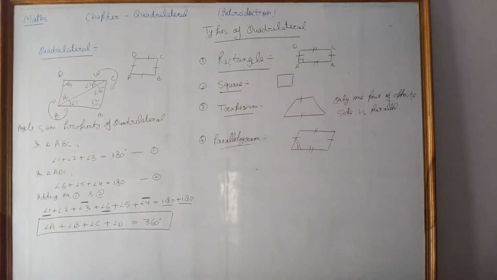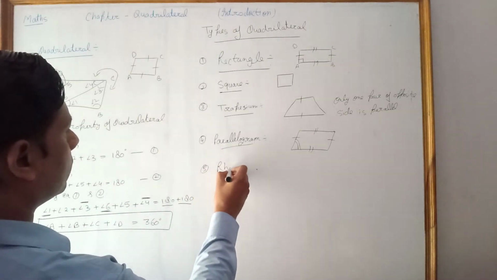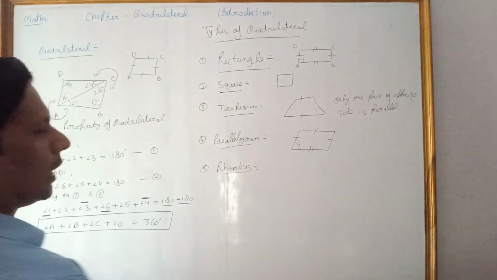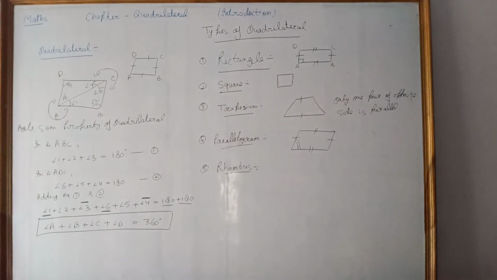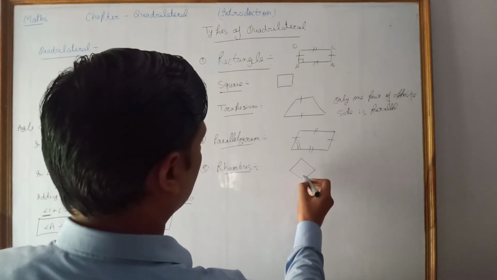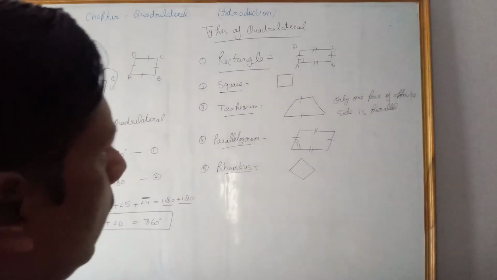And then rhombus. Have you heard the name before in your classes 6th, 7th, 8th? If all four sides of a quadrilateral are equal, then it is called a rhombus. You are thinking just about the square.